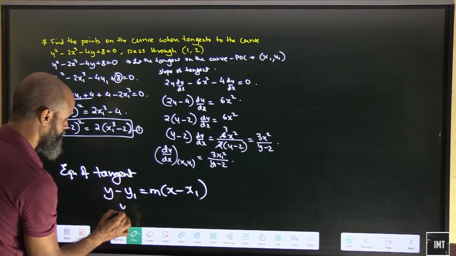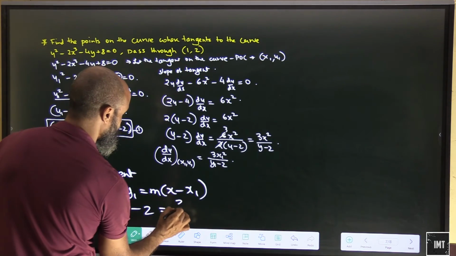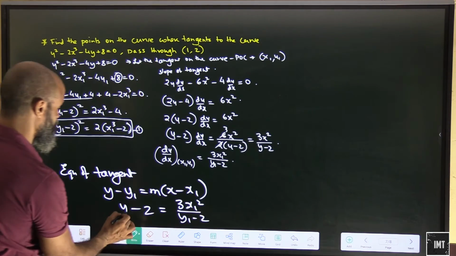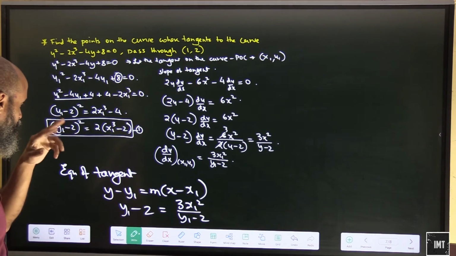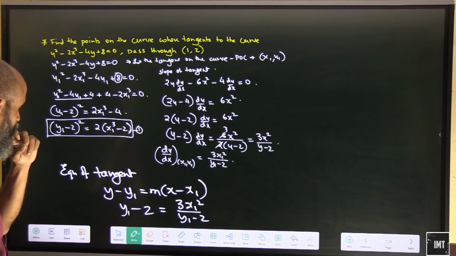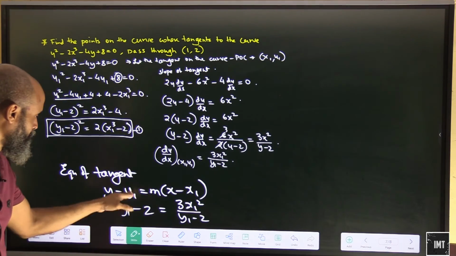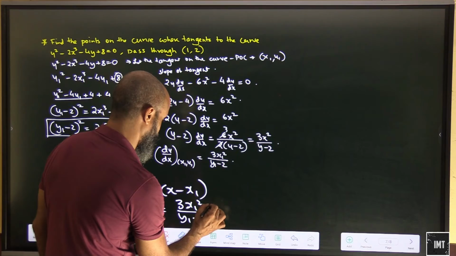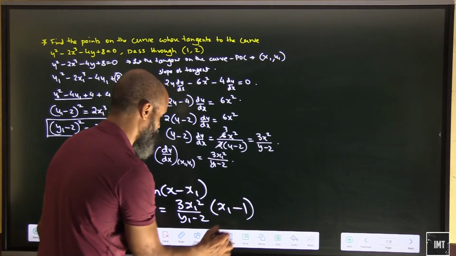So y minus 2 is equal to m, that is 3x1 square upon y1 minus 2, into x1 minus 1.